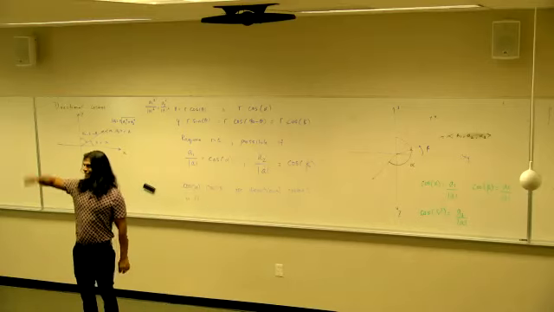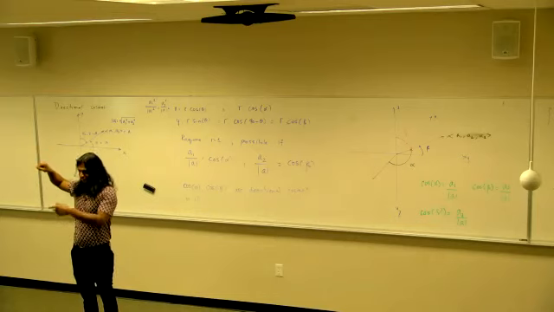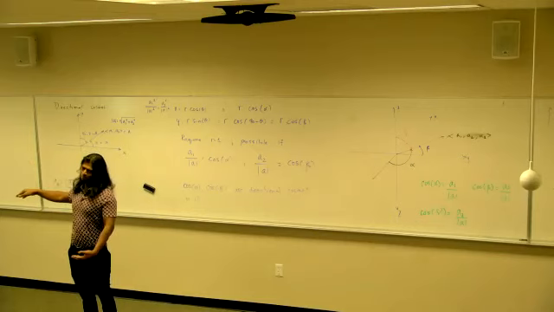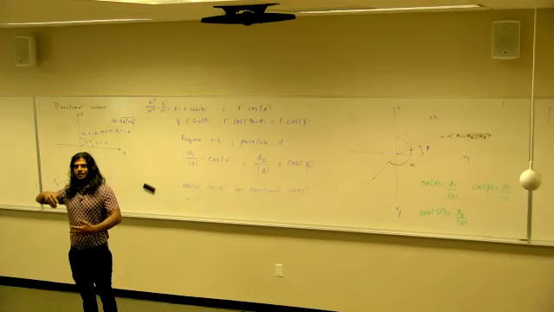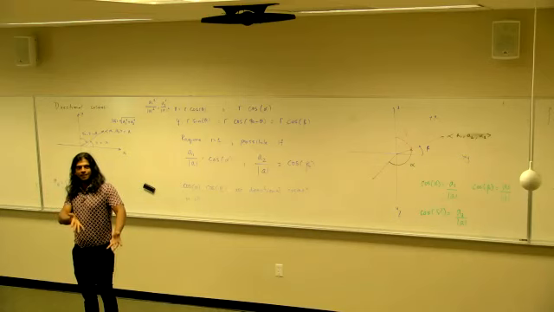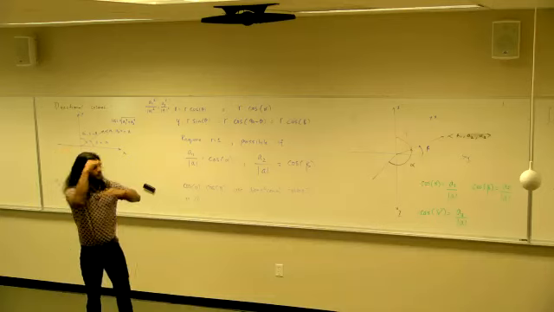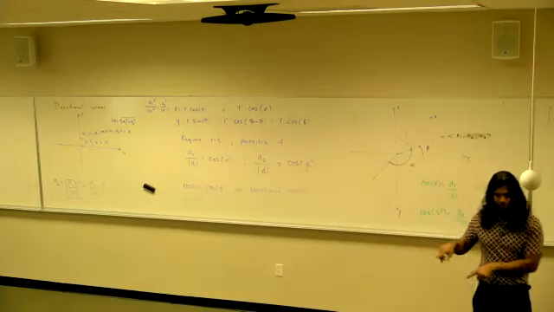What do you call that? Starts with the letter R, ends with the letter E. It's a 5-letter word: range. Range, negative 1 to 1, which is why we normalize it and make sure that magnitude is 1, or else you can't find that out.